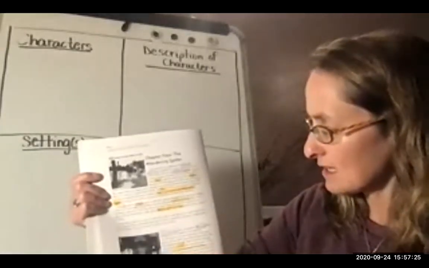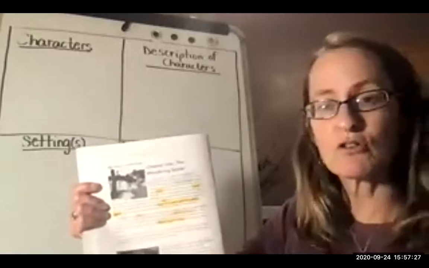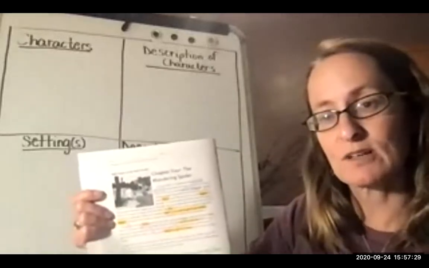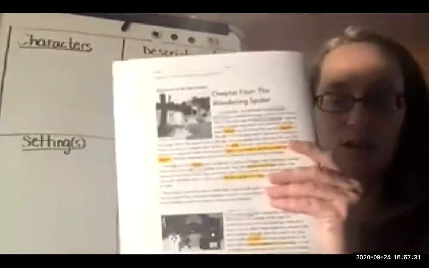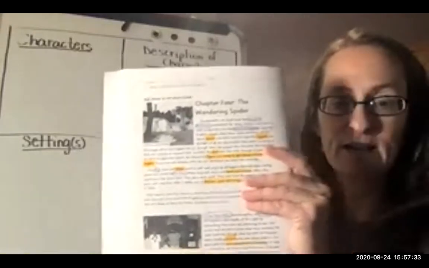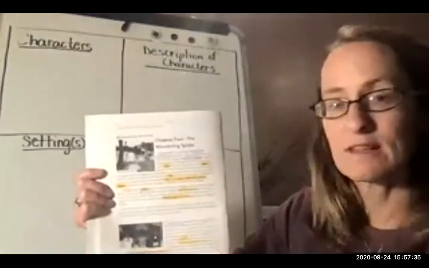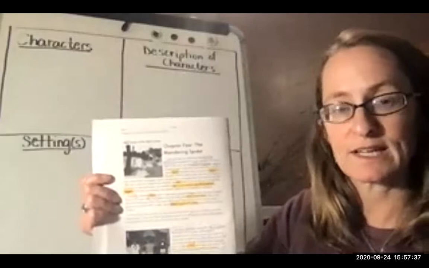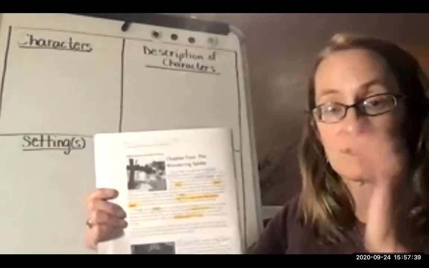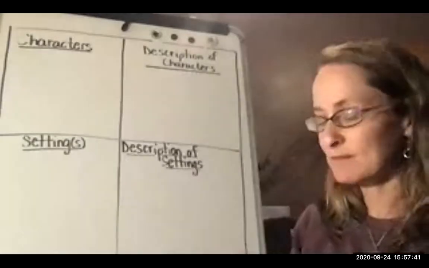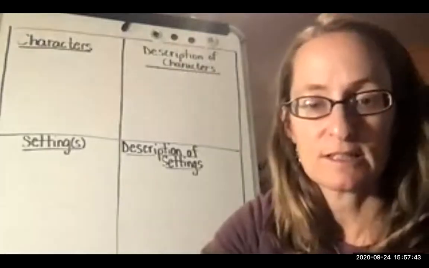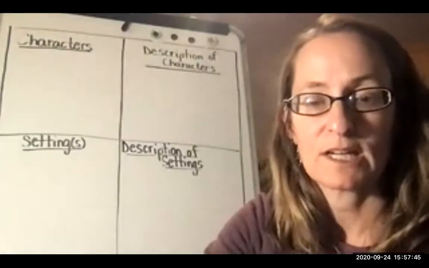Like I said, go through. There's no right or wrong way to do this, boys and girls. I just wanted to model for you how I went in and highlighted and circled information about characters and setting. And like I said, I will send this to you. After you've taken care of that, I'm going to go back to my slide 4.